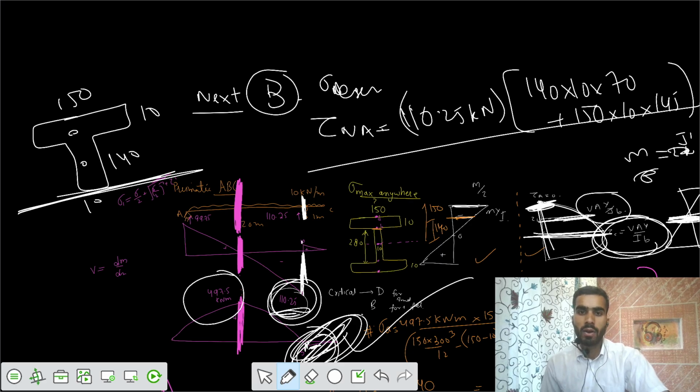I have already calculated that I_NA, so you use that value of I, and the width at the neutral axis is 10 mm. So you get the value of tau at the neutral axis.